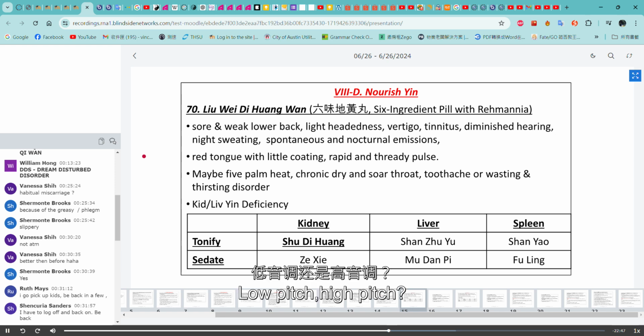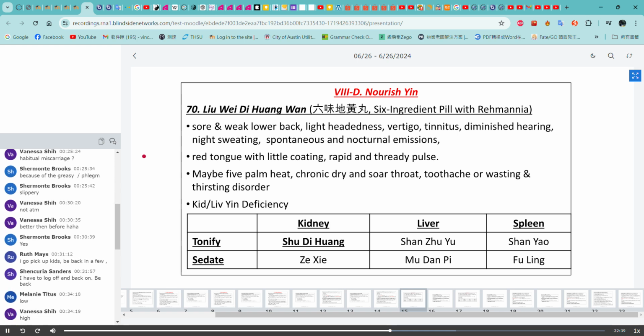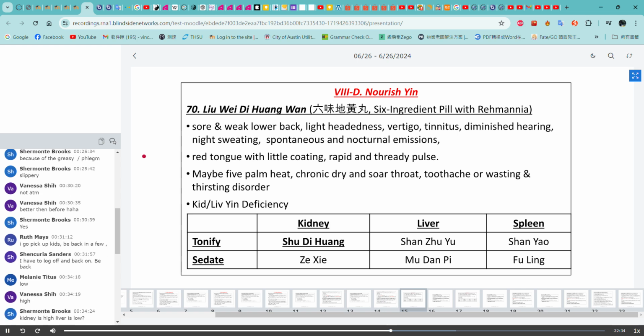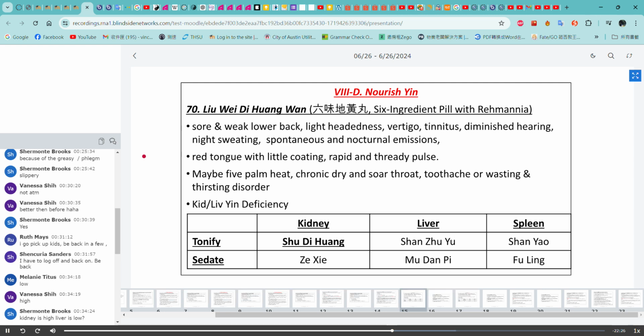Low pitch, high pitch? It's the opposite. So deficiency, low pitch tinnitus. Excess, high pitch tinnitus. So how can you tell?